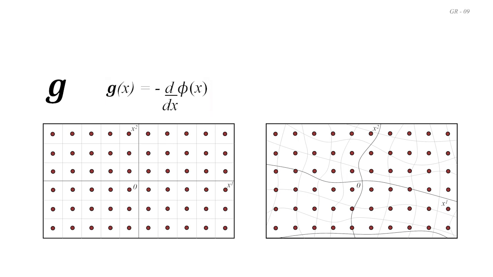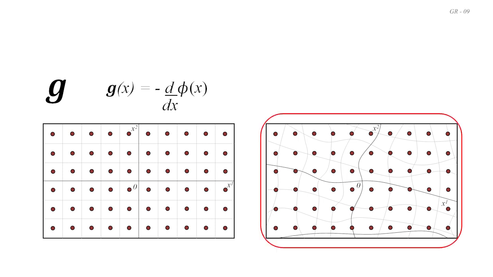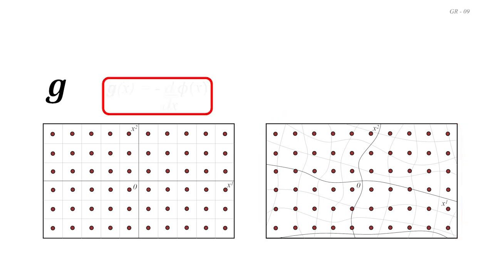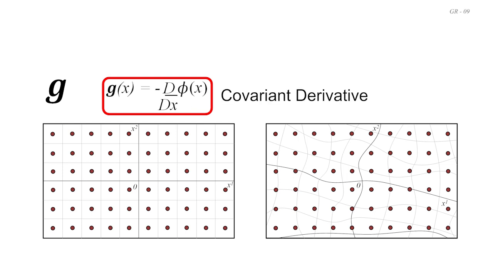If you recall, it's all to do with the basis vectors changing in size and direction in the curvilinear coordinate system. However, the covariant derivative of the scalar field phi would take all of that into account and would give the same answer for little g when measured in the curvilinear system.